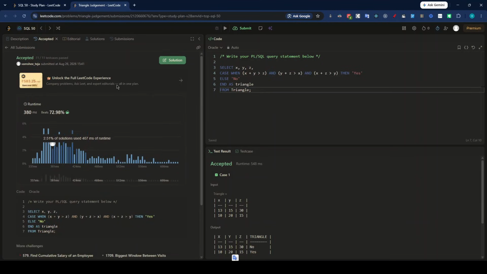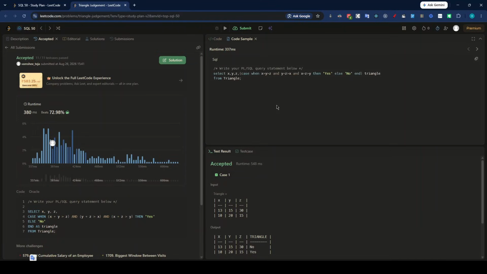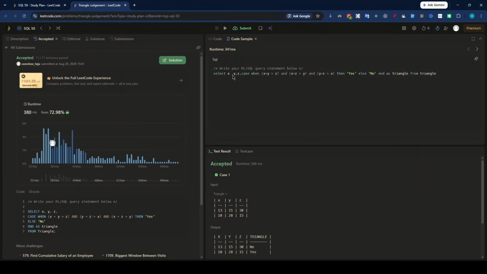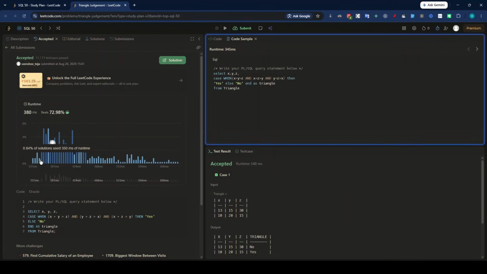Let us see if there are any other better solutions. This is also the same solution as ours. I don't know which language they have used. Yeah, they are using Oracle only, I think, because I also have the same comment. This is pretty much the same solution. Mostly all are in Oracle only.